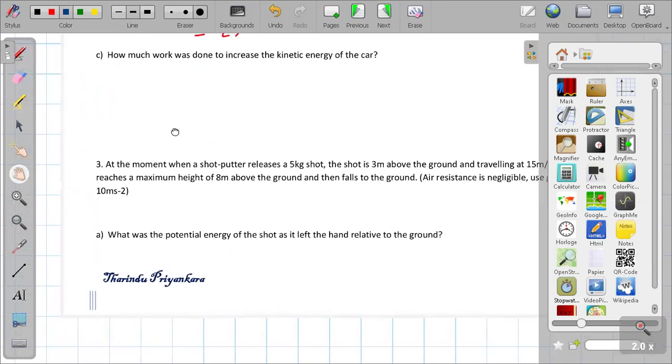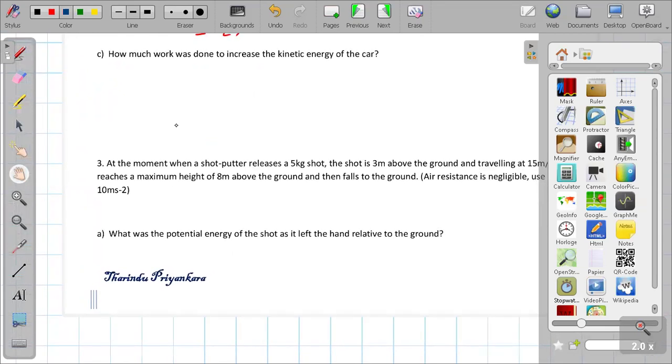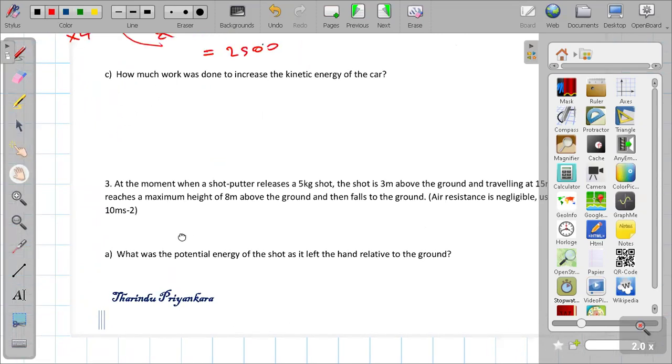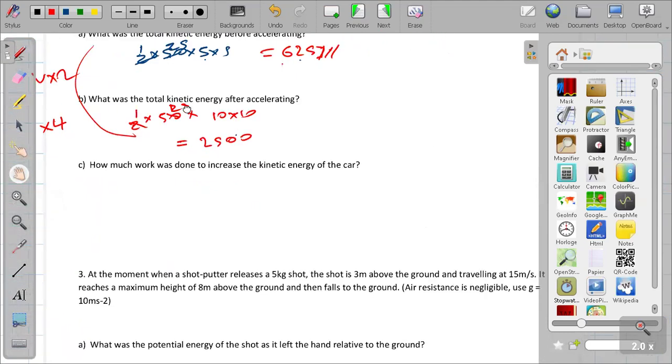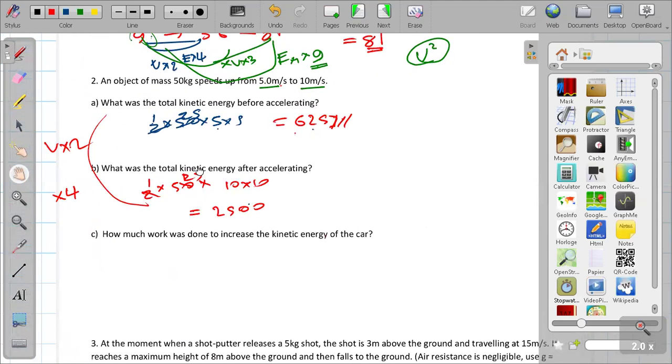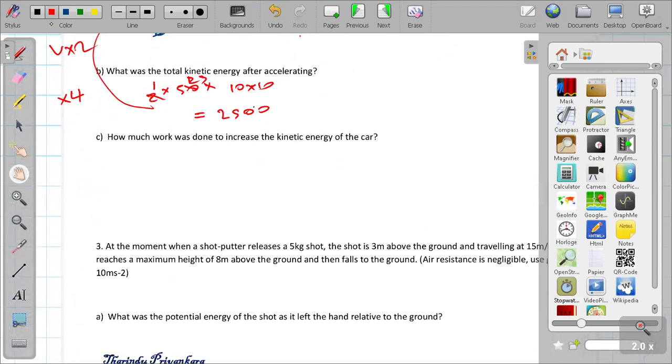How much work was done to increase the kinetic energy of the car? Because it is a certain object. Think it is like a kind of toy car.